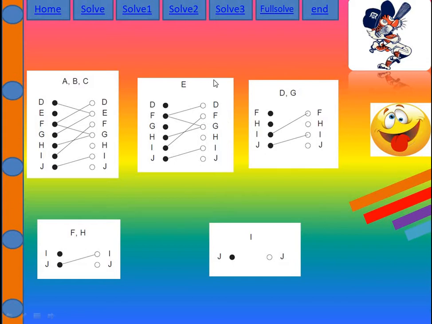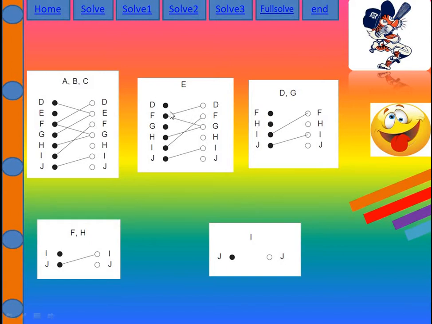Whatever the dependent path has no arcs, it doesn't matter. Here H has no arcs, J has no arcs, it doesn't matter. We don't delete these, but I just need to look at the original vertices. Here my original vertices D and G have no arcs, so I delete them.